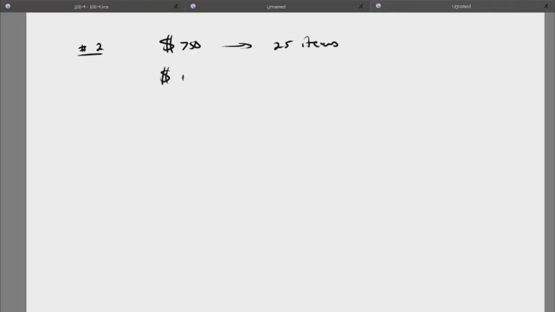I have $1,000 and that goes with 50 items. And then they say my cost function is what I'm looking for. Once I have that, I can answer everything. And they say it's linear.